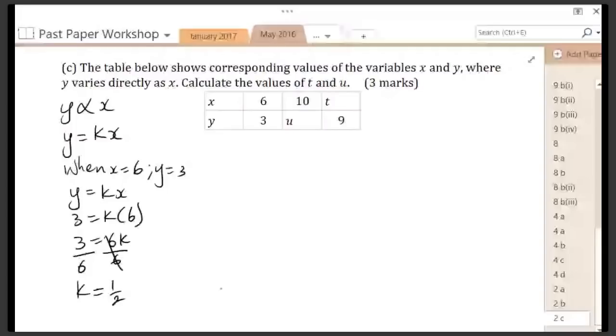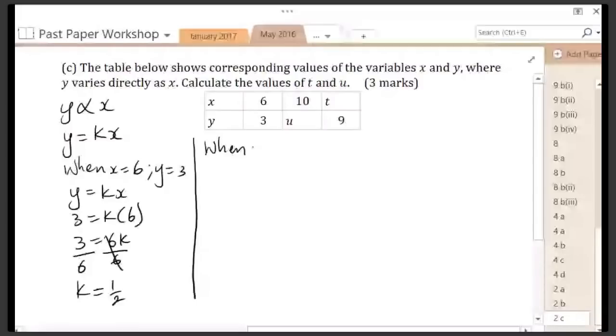You always have to find the value of k. Once you find the value of k, you could find u and t now. So I'm just going to draw a line here. When x is 10, y is u. The value of k remains the same throughout, okay?